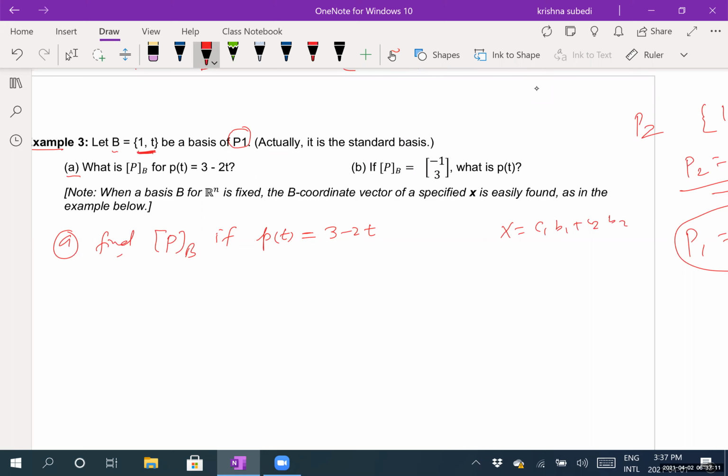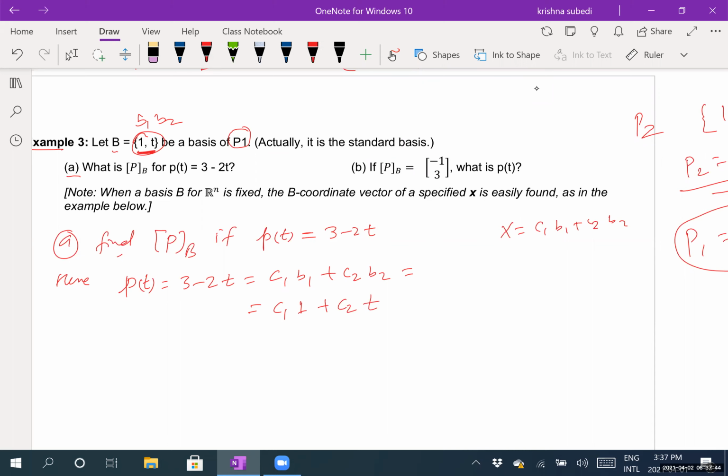So in the same way, here we can write P of t equals 3 minus 2t equals C1b1 plus C2b2, which means now compare this. B1 is what? B1 is here. Look at that. B1 and B2, they are the bases. So we can write this as C1, B1 is 1 plus C2, B2 is t.